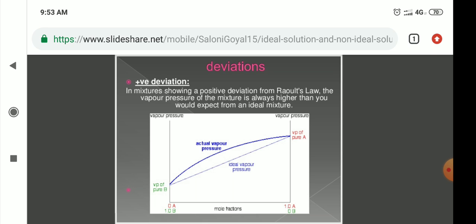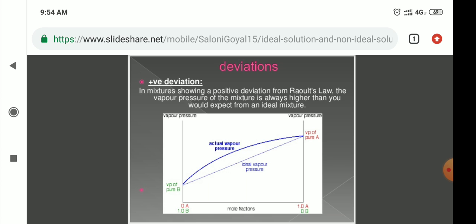Diagrammatically, vapor pressure versus mole fraction: the vapor pressure of pure compound A and the vapor pressure of pure compound B, with the actual vapor pressure and the ideal vapor pressure.